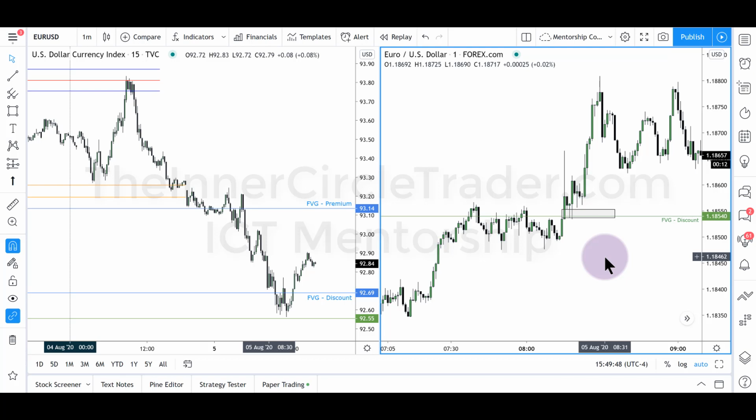So anyway, you have Monday through Friday. Every day there's going to be an 8:20 to 8:40 a.m. potential setup. That means you have a stop run or a fair value gap. One of the two, okay?